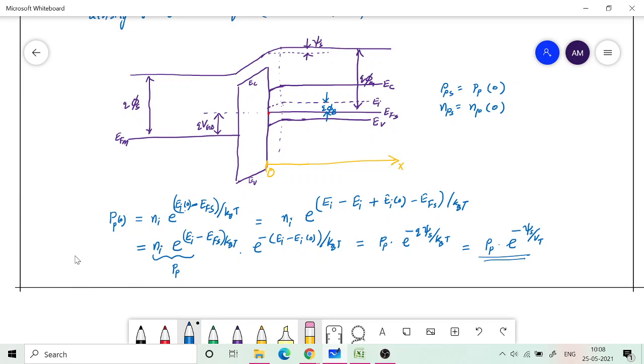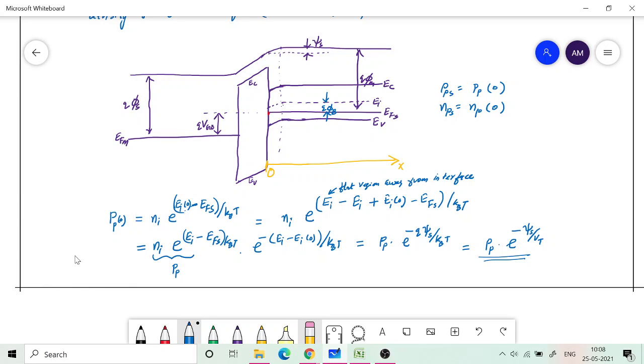Okay, I hope everybody is following me. If there is any doubt or questions, please ask. The notation that I am using, you have to understand. EI simply means at very large values of x, where it is flat. So this corresponds to the flat region, which is away from the interface.